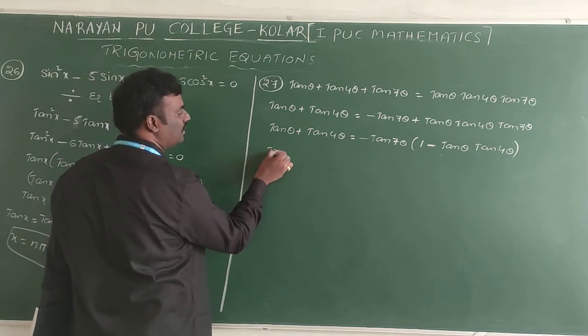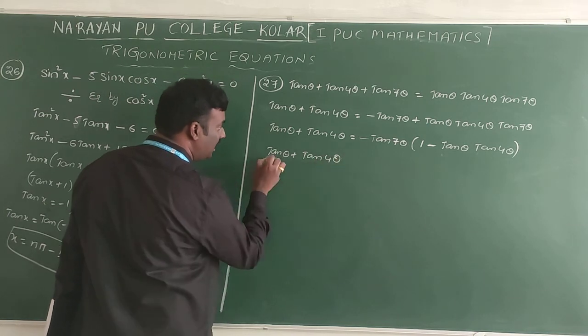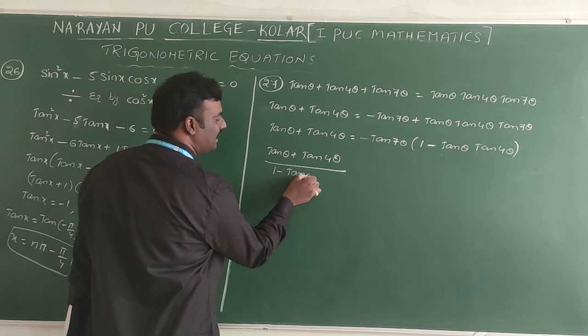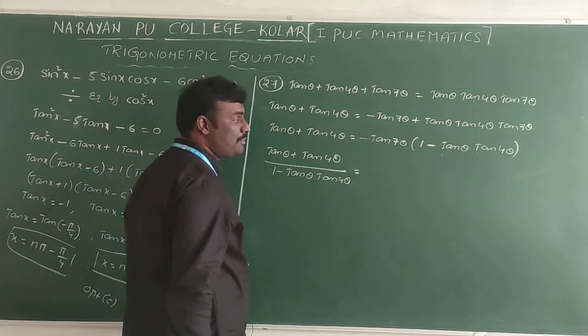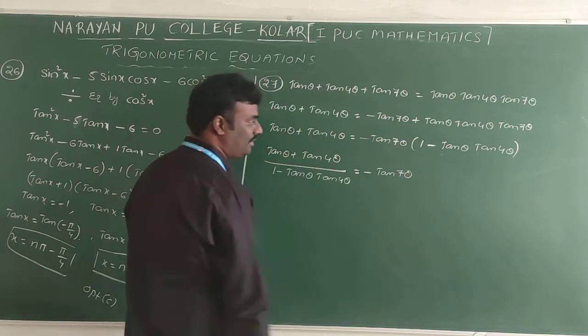Now tan theta plus tan 4 theta by 1 minus tan theta into tan 4 theta is equal to, what is remaining in RHS? Minus tan 7 theta.